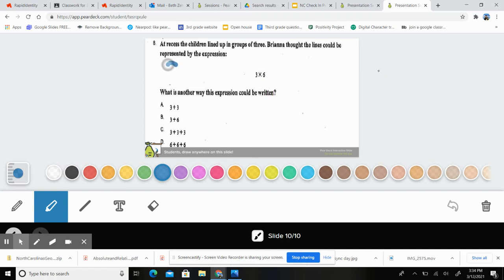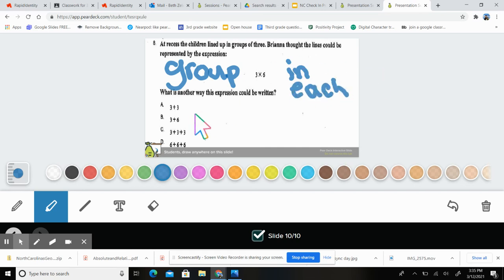So think of those words: groups, 3 groups, and there are 6 children in each. But I don't see multiplication here. I have to determine which repeated addition equation matches this multiplication.